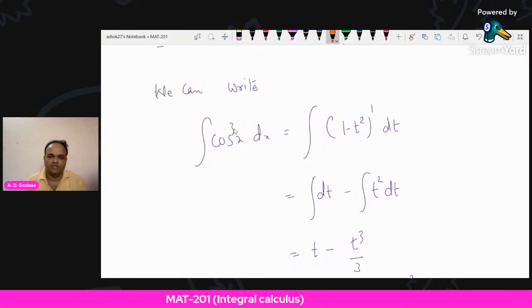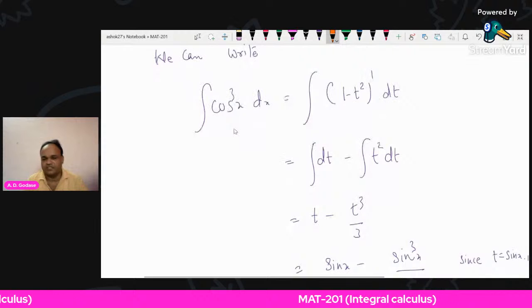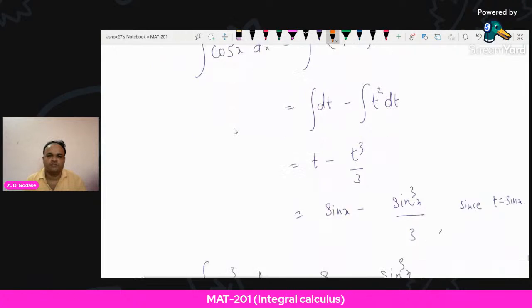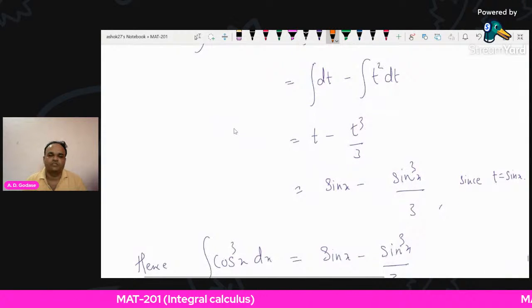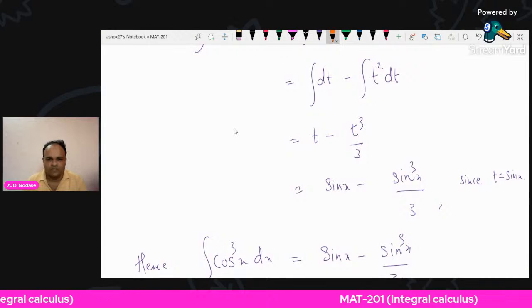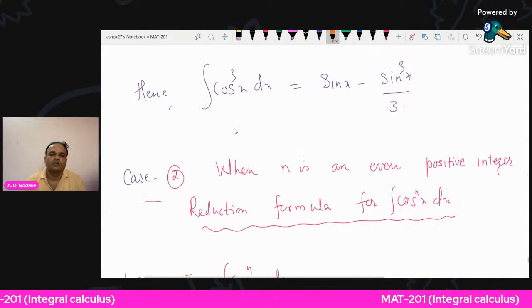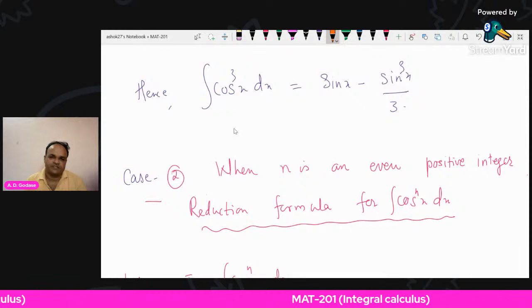Here there is no need to use binomial theorem, as its power is 1. So it is integration of 1 minus integration of t square. It gives t minus t cube upon 3. After resubstituting the value of t, that is sin x, you get the resulting integration, that is sin x minus sin cube x divided by 3. So this is the value of integration of cos cube x dx. So that is the first case.